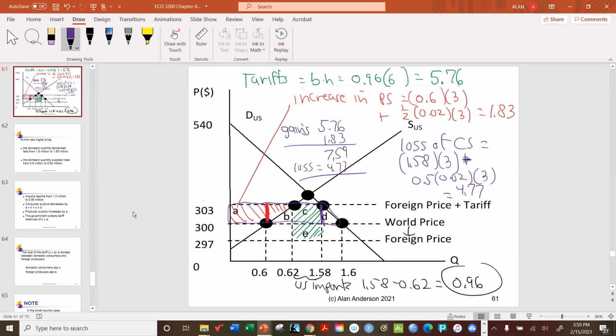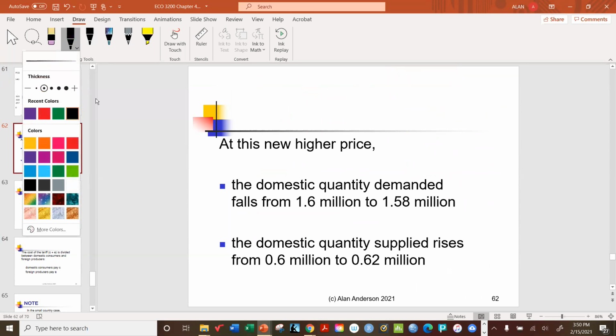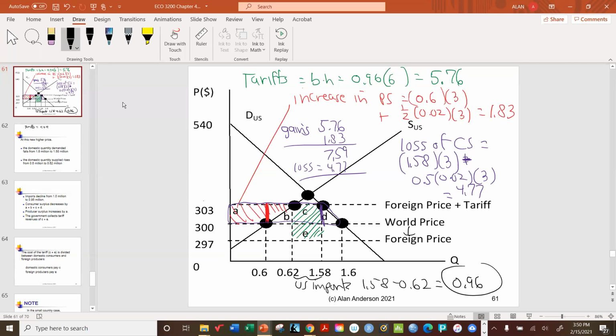So let's see, now something's not right. So if we do it with letters, let's do it with the letters. Hold on 1 second. Tariffs are C plus E. Okay, there's no problem there.